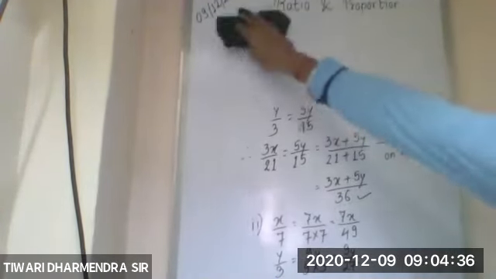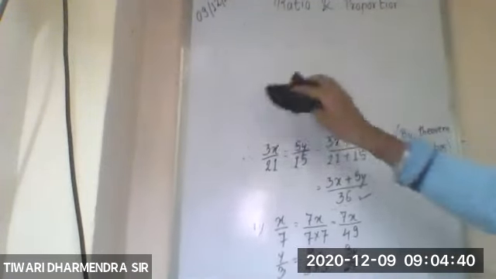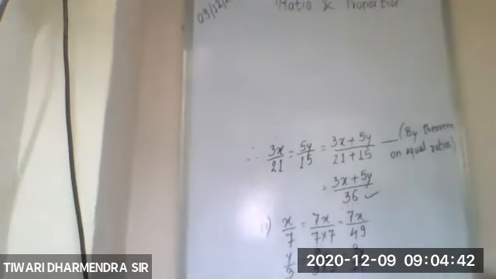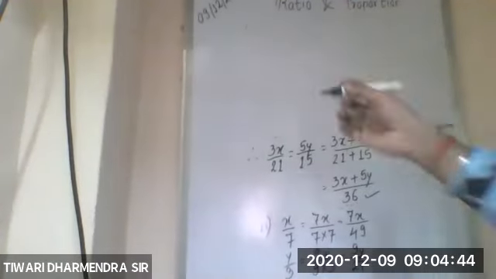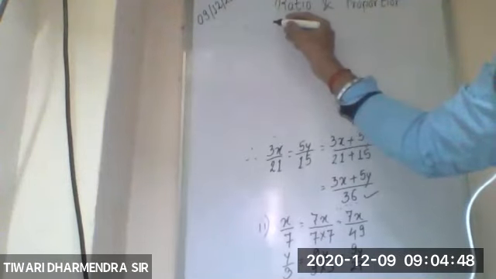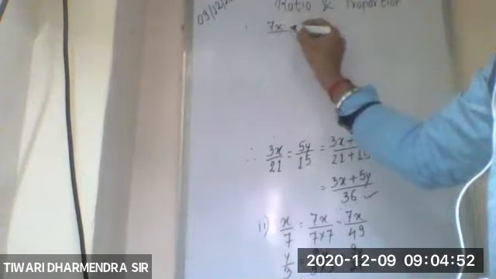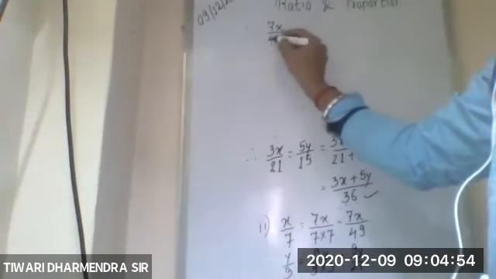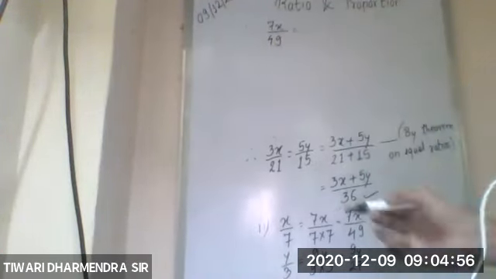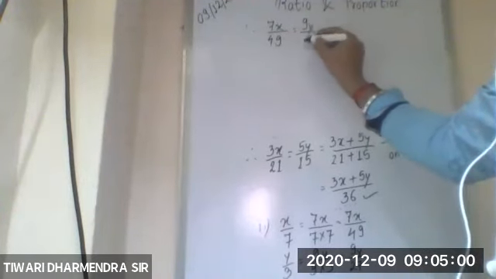So by using again the theorem on equal ratios, therefore 7x upon 49 is equal to 9y upon 27.